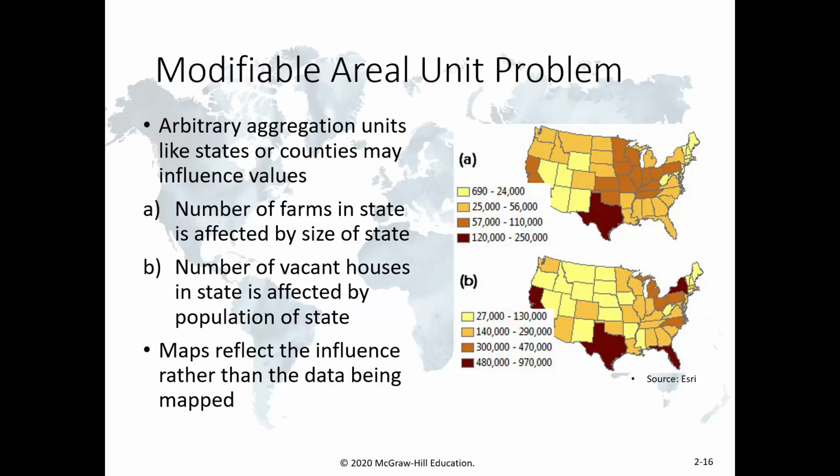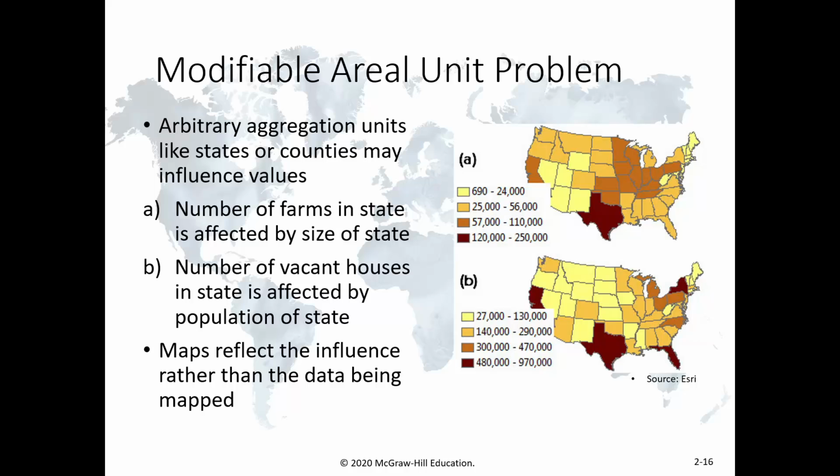And so an issue arises when we have large states or counties that have a ton of data that will show that there are more farms or more vacant houses that affect a certain state. So not only having a larger area, but having more data values can skew the overall percentage of what these maps might be displaying, just because of the simple fact that there are larger polygons, right? The states themselves are larger, they incorporate more space, meaning that there is on average a higher number of data points just because more area is covered.